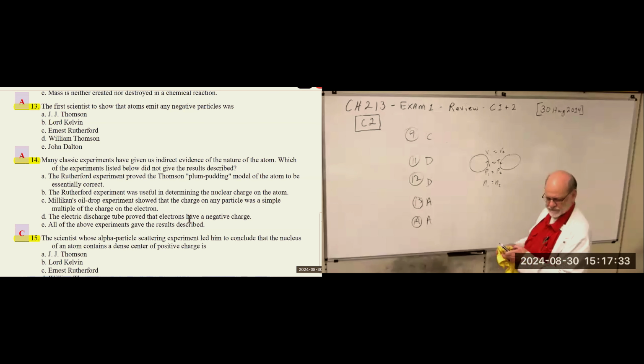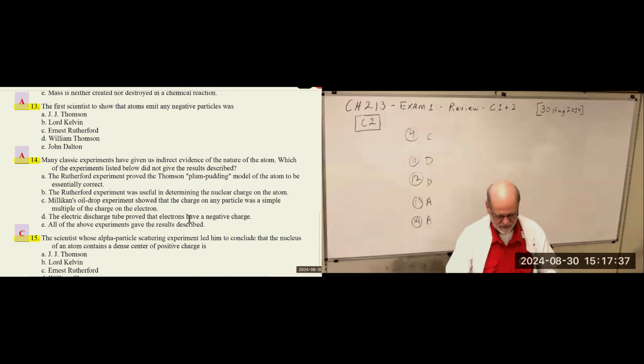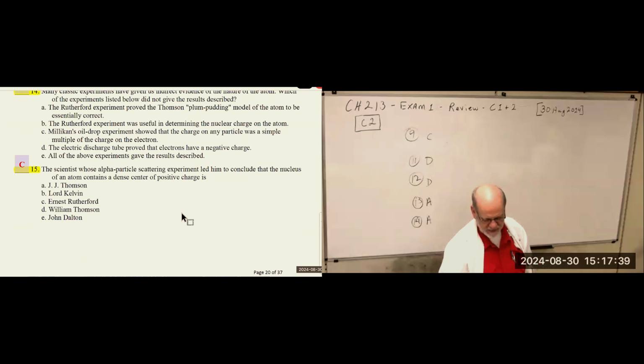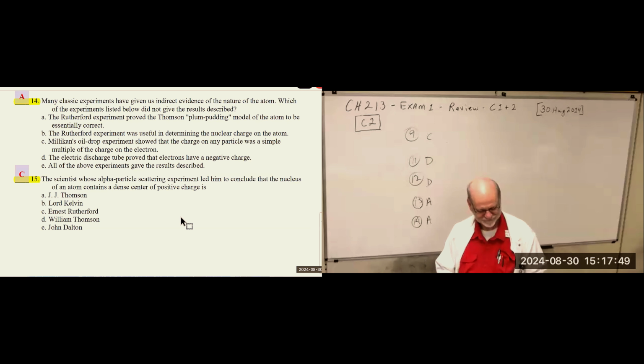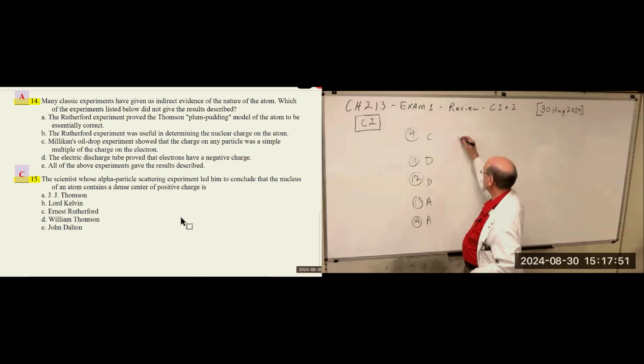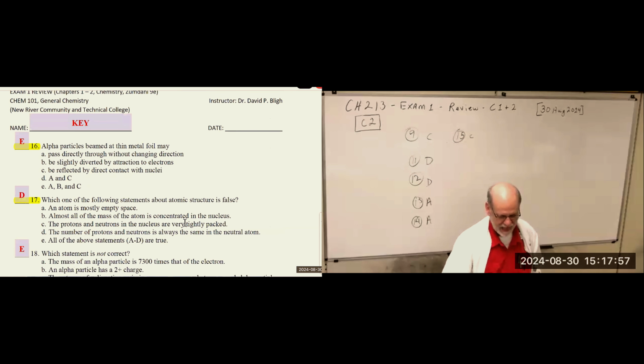All right, 15. The scientist whose alpha particle scattering experiment, oh, we just named that one. That one's Rutherford. 15C. Alpha particles beamed at thin metal foil may what?